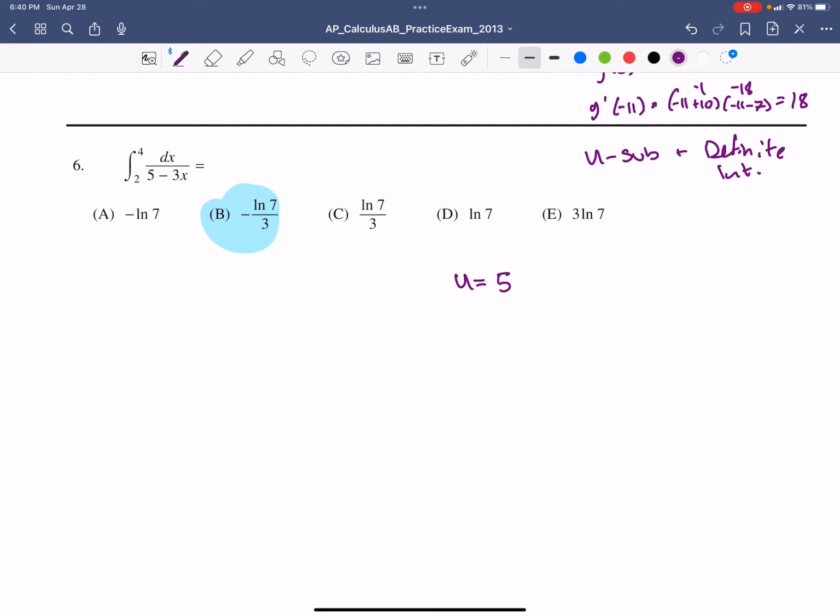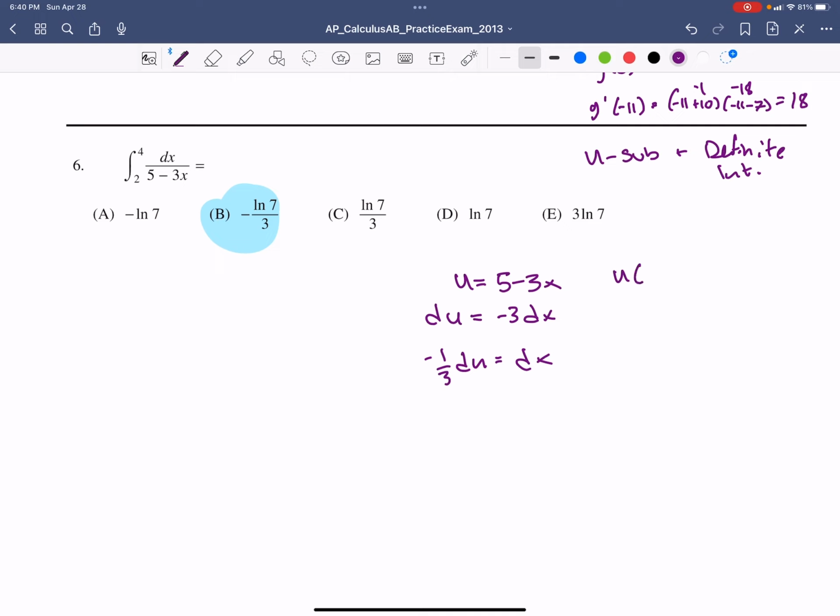So you're going to write 5 minus 3x is equal to u. And you're going to also do the derivative, which is negative 3 dx, right? And you're going to divide both sides by negative 3. So you have negative 1 over 3 du is equal to dx. All right, so now let me just do the change of variables.